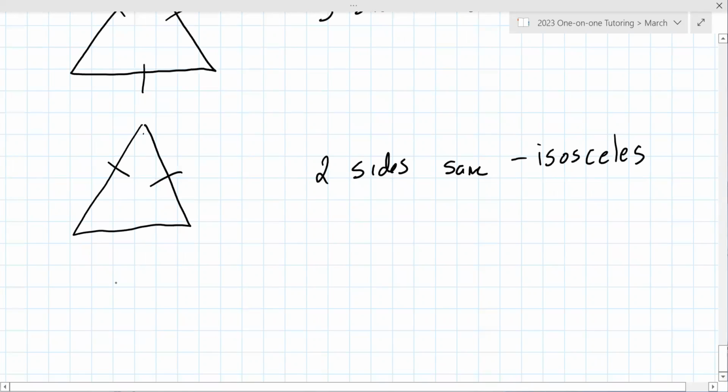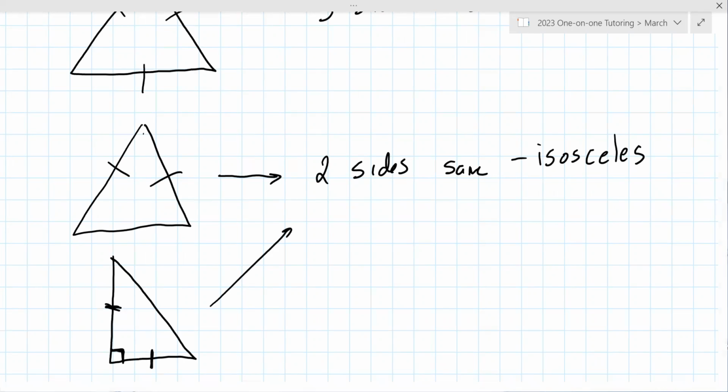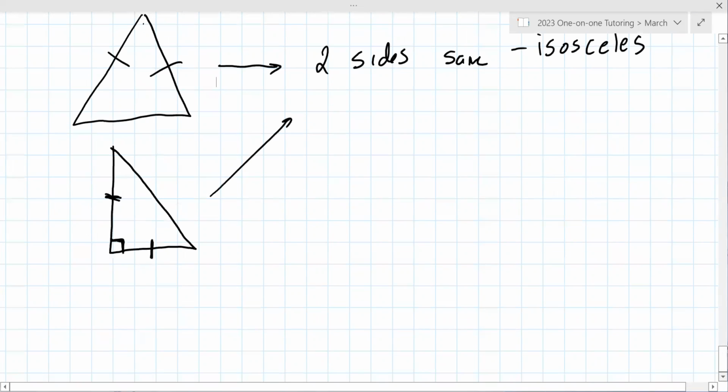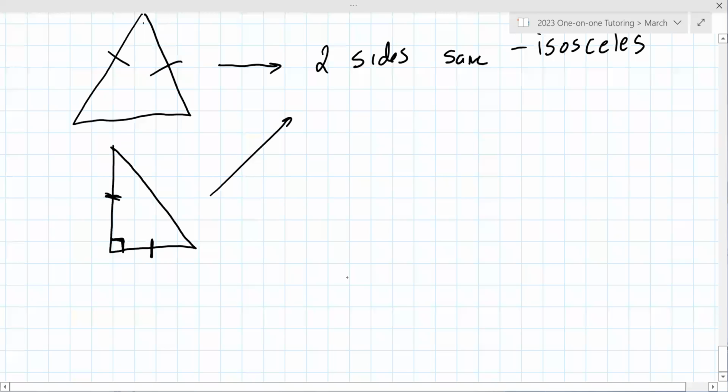Now there's a couple of other types of isosceles that you might see. What angle measure is this right here? 90 degrees. So if the two sides are the same, this is also an isosceles. The isosceles is about having two sides being the same. Now the last one is called a scalene triangle, and this is when there are no sides the same.